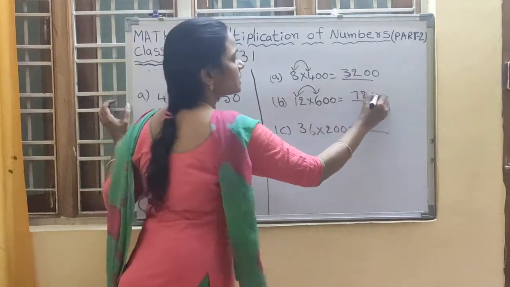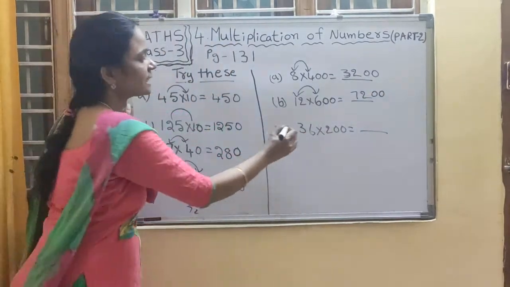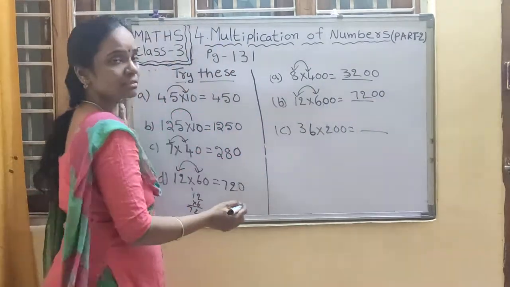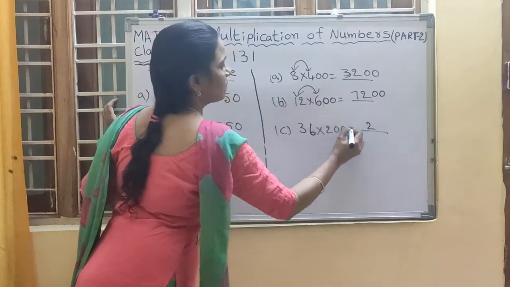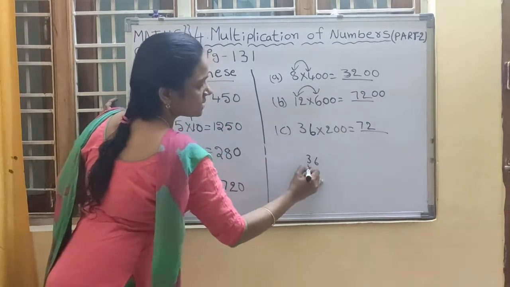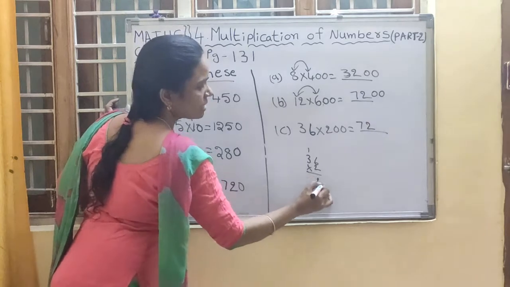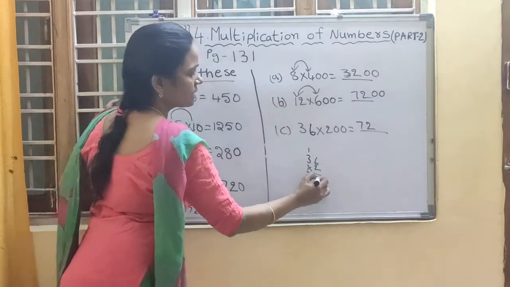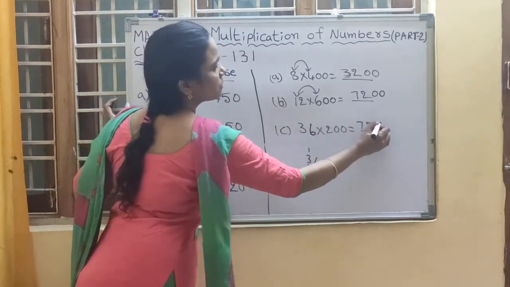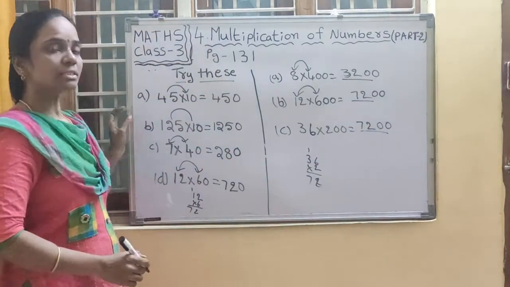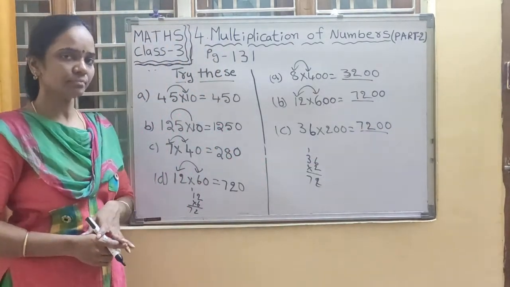And write down 2 zeros. Next, 36 into 200. 36 into 2, how much? 72 only. 36 2s, 2 6s are 12. 3 2s are 6 plus 1, 7. 72. Put 2 zeros. Understood, children? Did you get it? Yes.